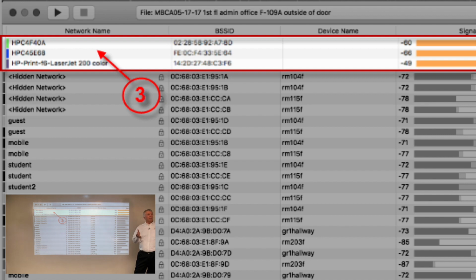So that makes sense from a general standpoint, but the issue here is if that printer is also plugged into your Ethernet network, now you've created a portal into your wireless network that has no security on it.